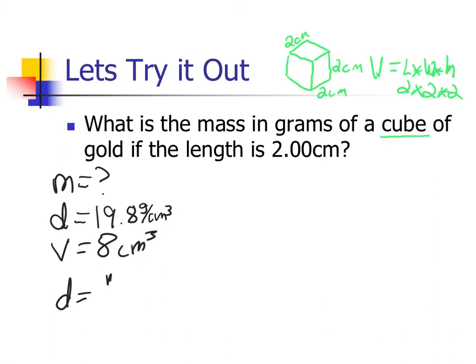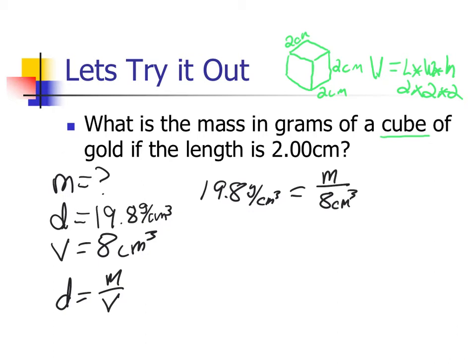Because density is still equal to mass divided by volume. 19.8. Again, I might be wrong on that, but I think I'm really close. Now, some of us will look at this and say, well, at least I don't have to do that weird thing with multiplying one thing and then dividing by another.